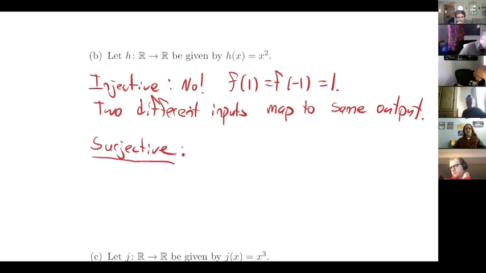And what do you think about surjective? Okay, Dylan, you've got a thumbs down. Why not surjective?